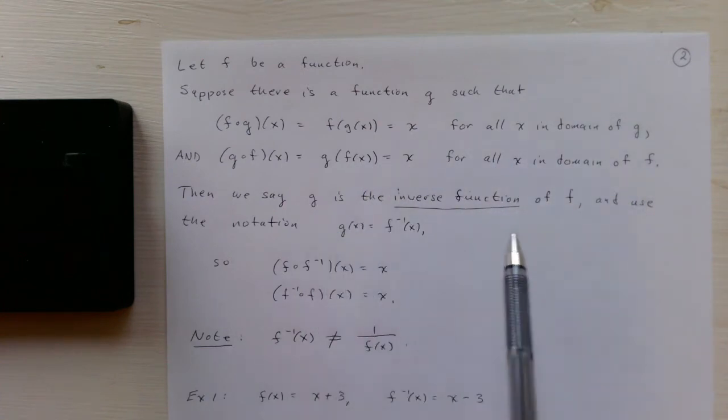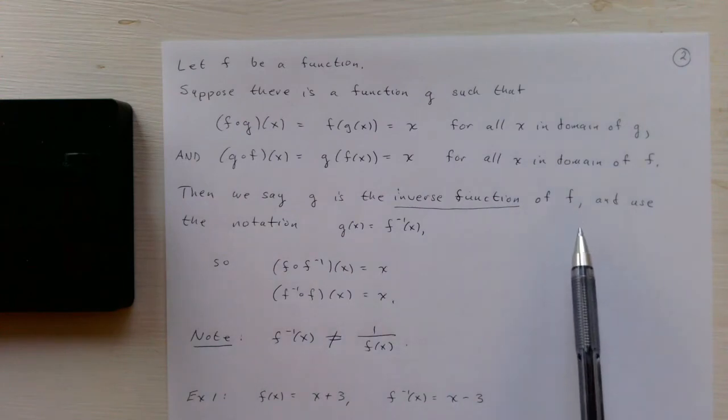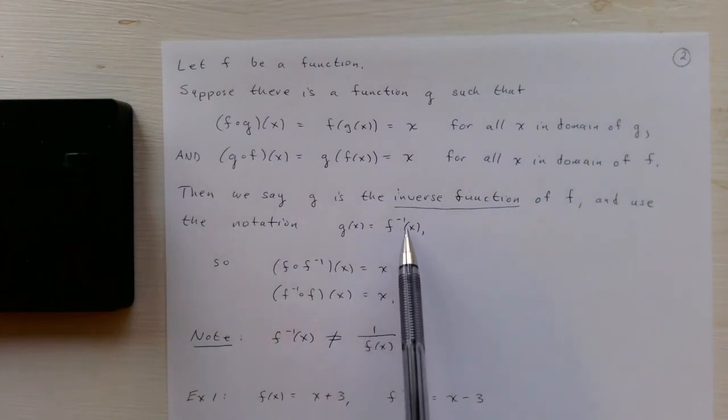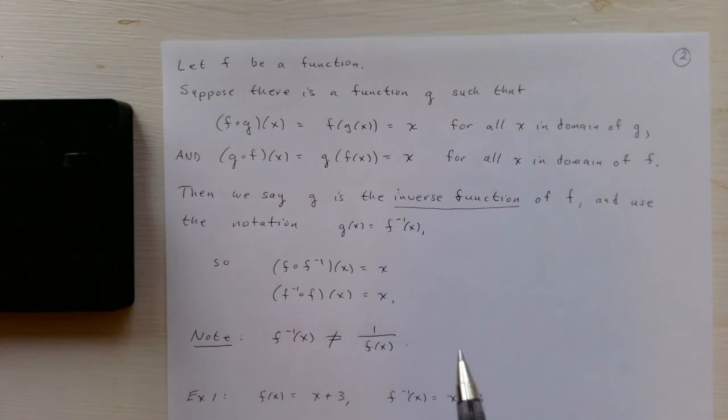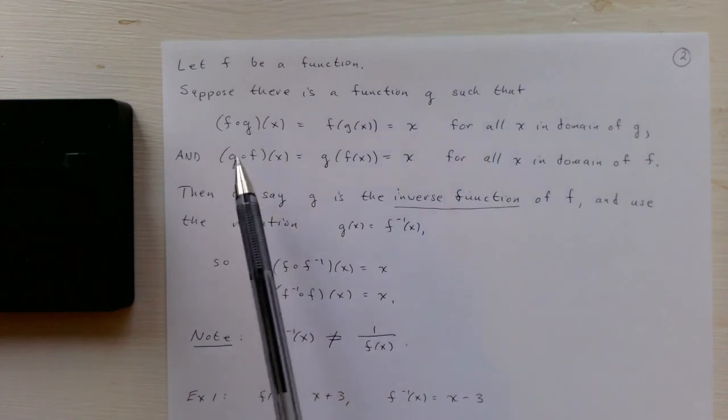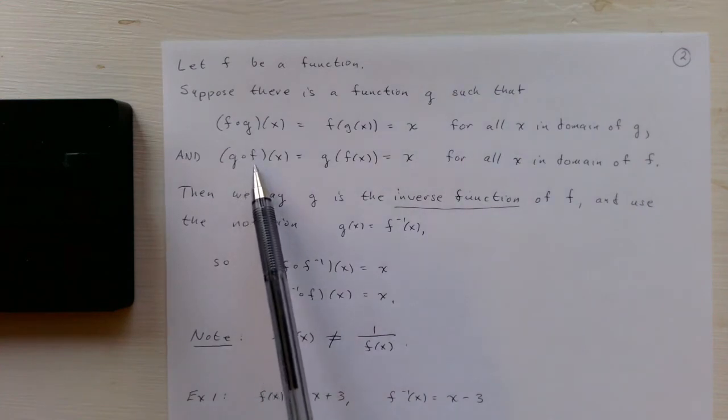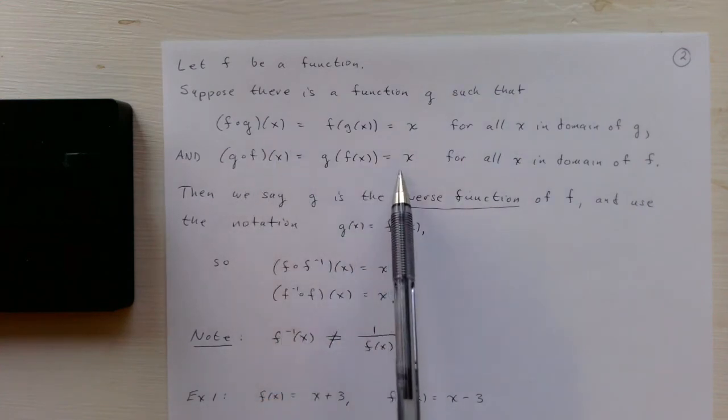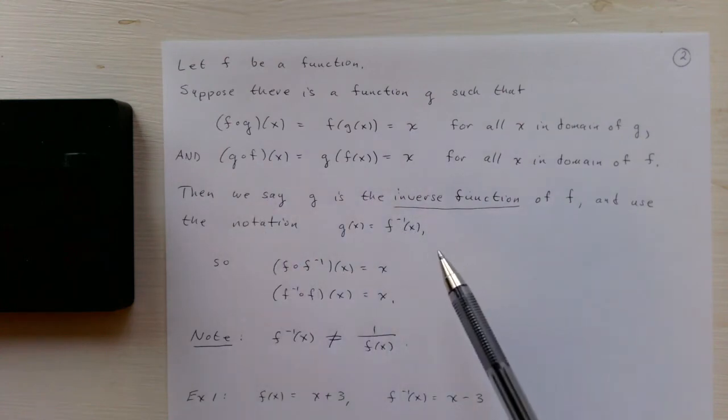Then we say that g is the inverse function of f, and we use the notation f raised to the -1 to denote g. Now in general, of course, we said that f circle g and g circle f are different, but in this case, if they're the same and they're both equal to x, then they're inverses of each other.